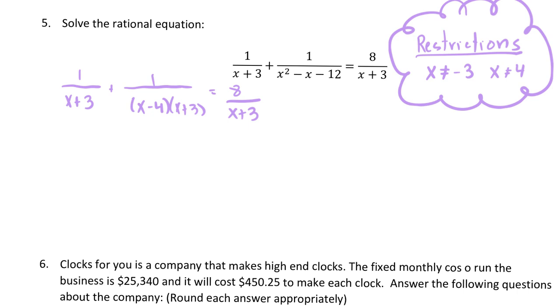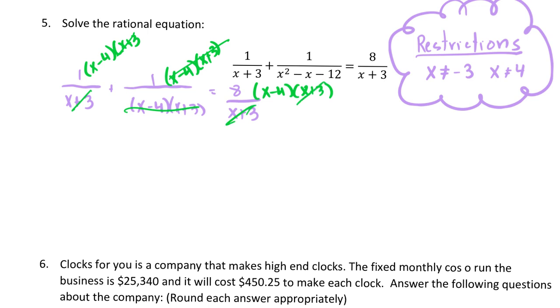So on this first one, we're going to multiply each fraction by the LCD. So I'm going to multiply every term by that LCD. That's a +3, sorry. And we cancel out what cancels out.